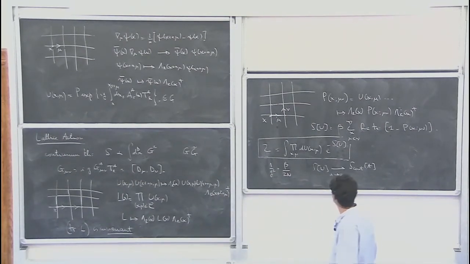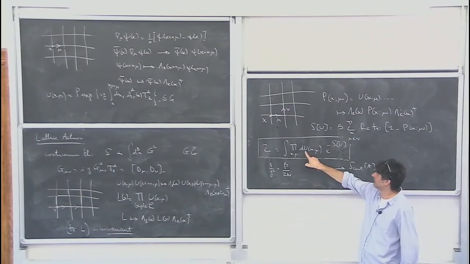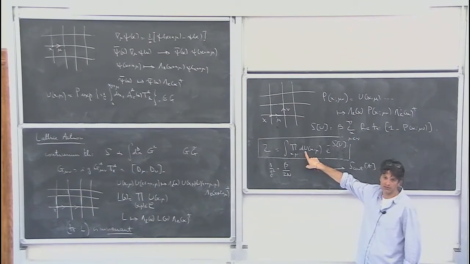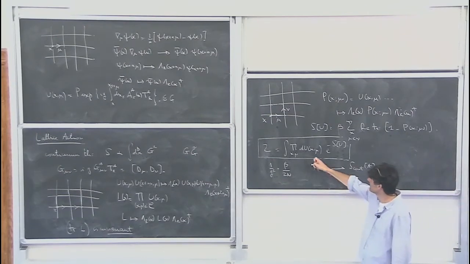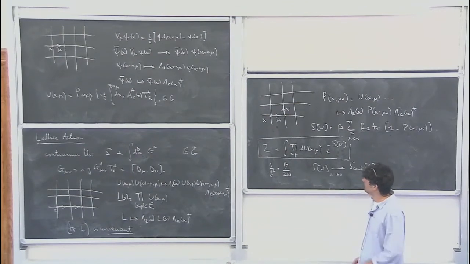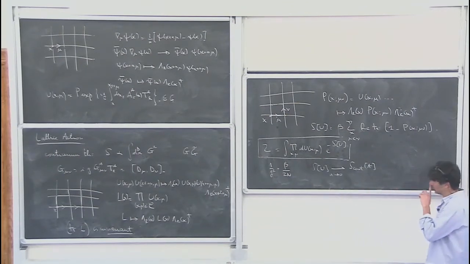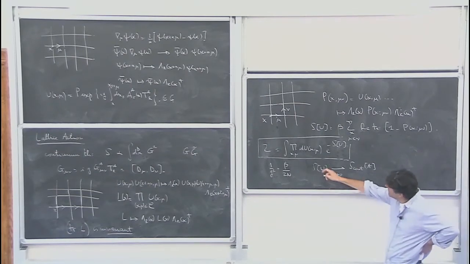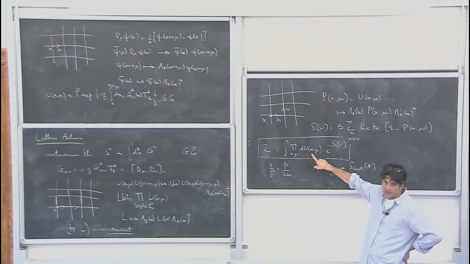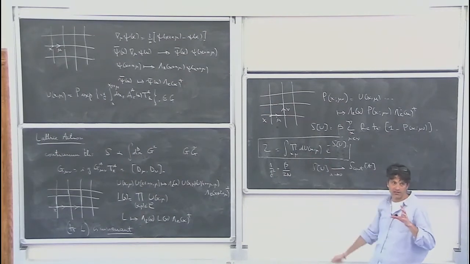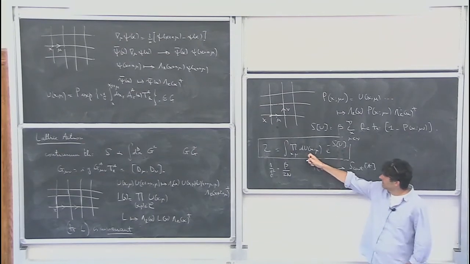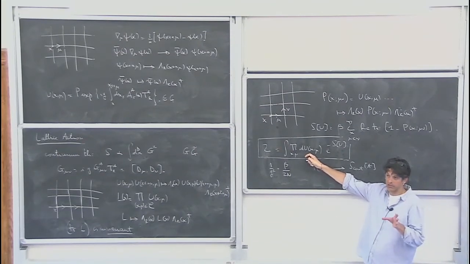Any other comment? I should specify what this is. This is an integration measure over the gauge group. It's the Haar measure. It has some properties, but again, we don't have time to get into the details of that. There's an important comment here. Because we've gone from the gauge potential, which is an element of the algebra, to these link variables that are elements of the group, all these integrals are over a compact space.